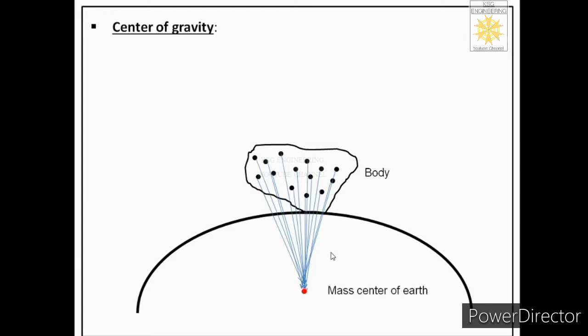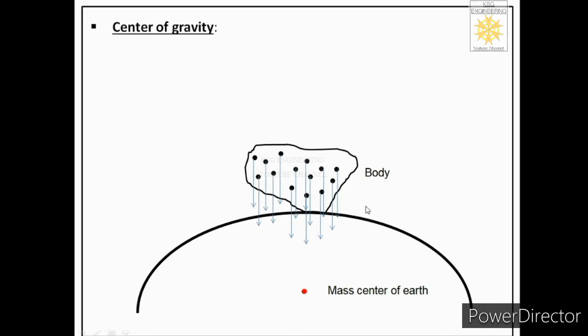We assume that as the size of the body is very small compared to the size of the earth, these gravitational forces of attraction are parallel to each other because of the huge distance between the mass center of the earth and the particles of the body.